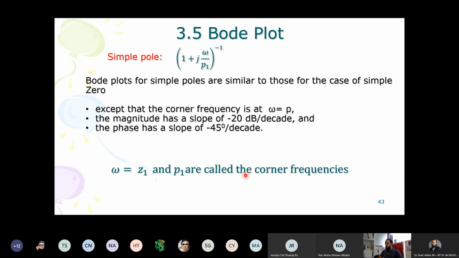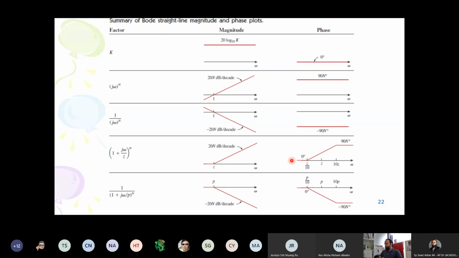Z1 and P1 are called the corner frequencies. So these are the frequencies at which we have some change. A summary: for the constant term, 20 log K, the phase is 0. For a 0 at the origin, it will be 20 dB per decade.